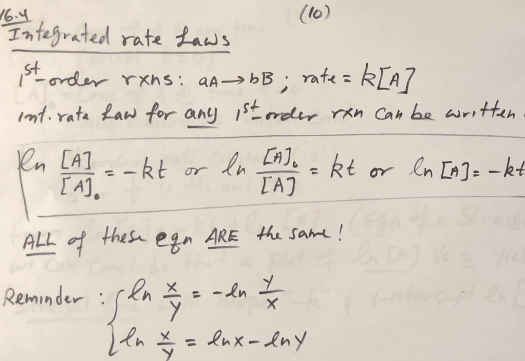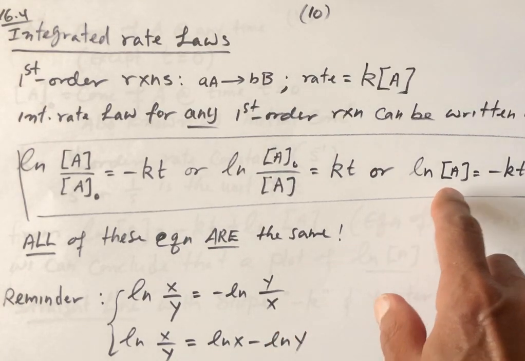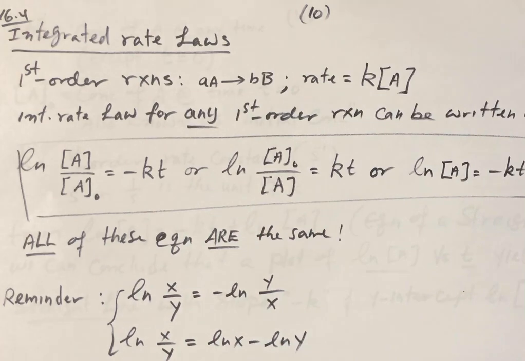So it's the unit of molarity that we are using for A. And the integrated rate law for any first order reaction can be written as the equation that I've shown in this box here. So basically that's the integrated rate law.